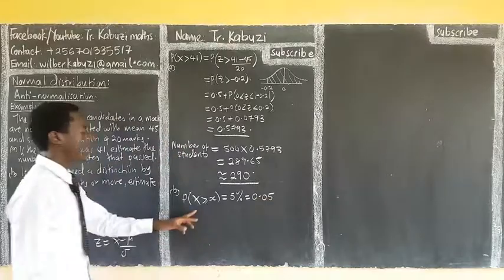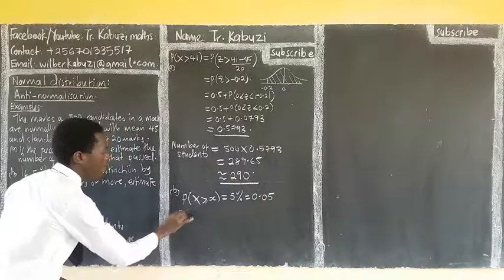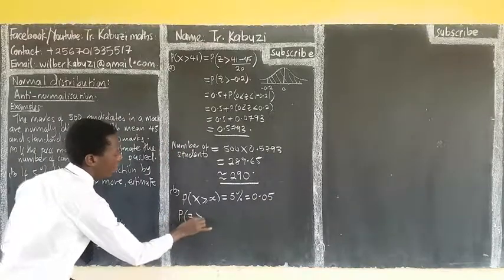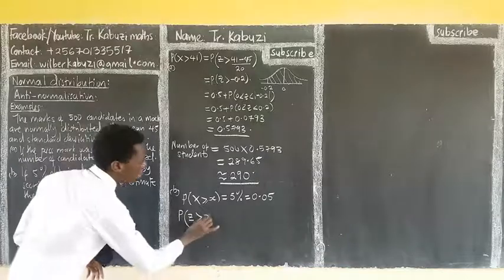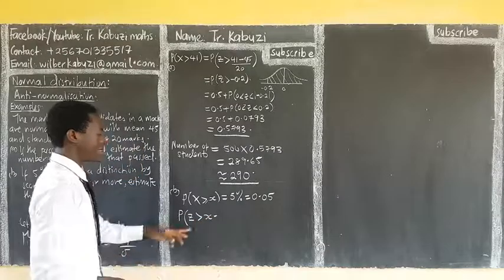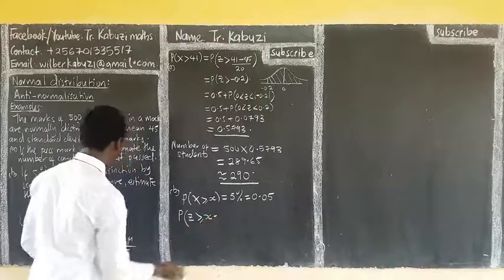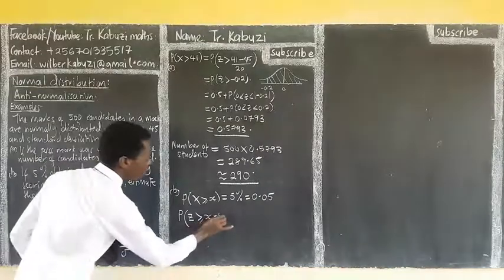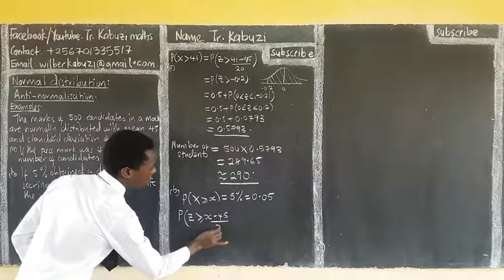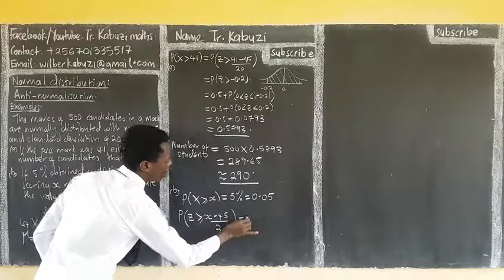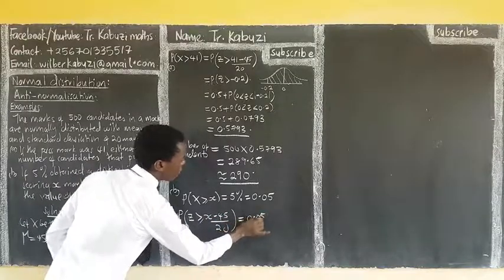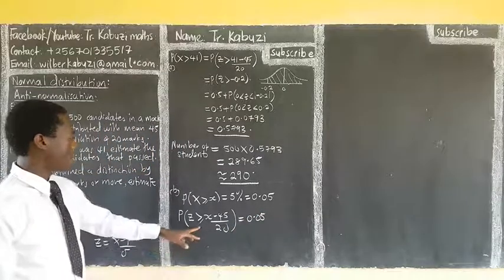So we first standardize this. This will be the probability of Z greater than X minus the mean 45 over 20, equaling 0.05.